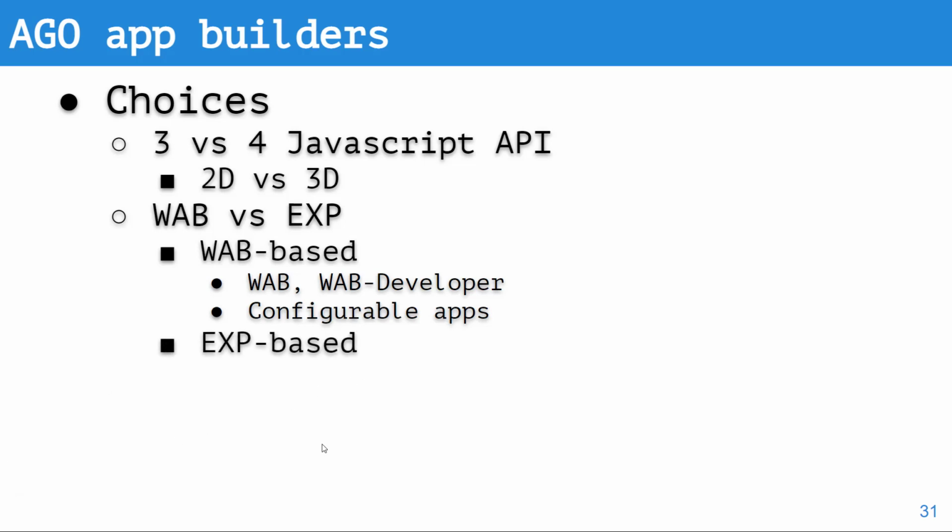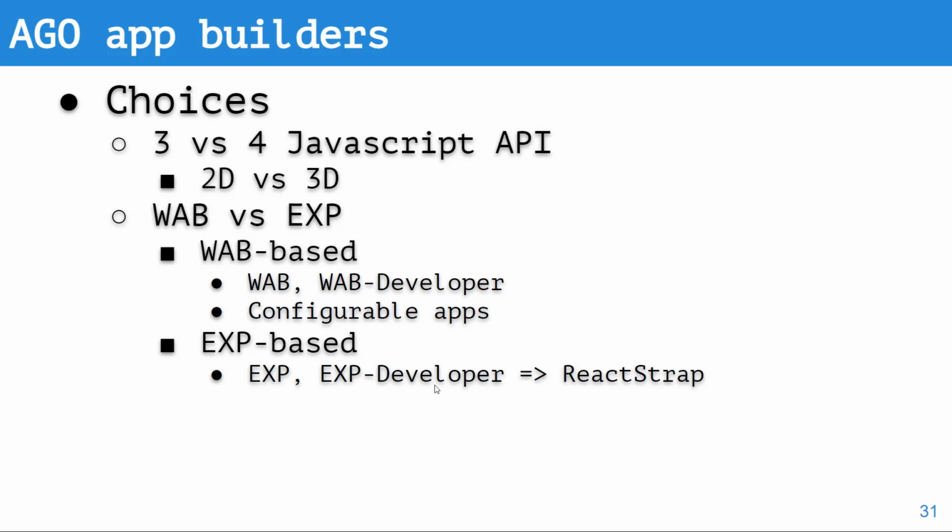There's the experience builder based set of apps. You have experience builder. There's also an experience builder developer edition, just so you know it's built on React. But experience builder is about, again like web app builder, a suite of widgets, web controls that Esri has curated for you, but it's a limited set.